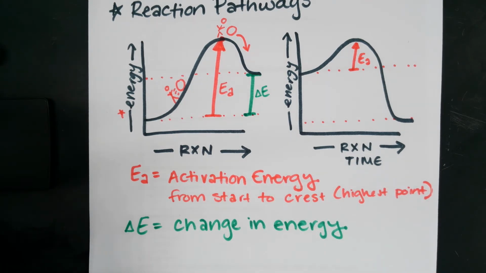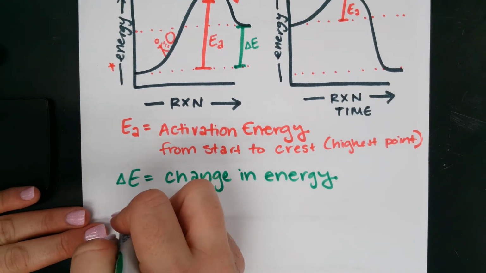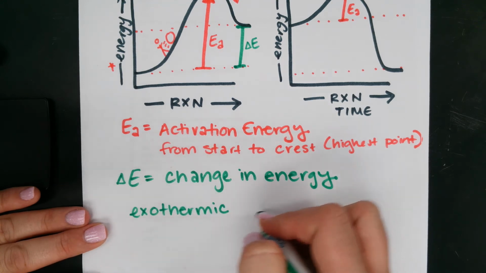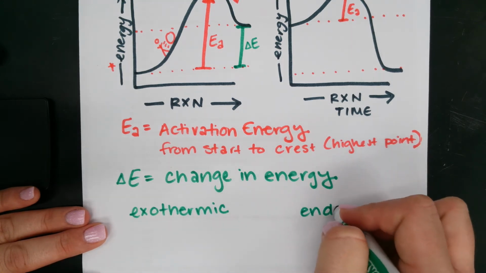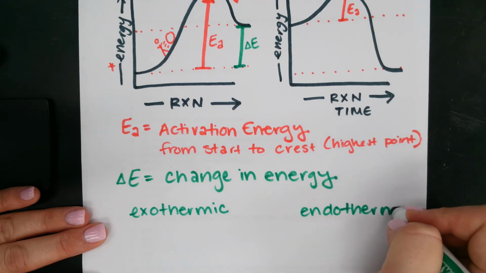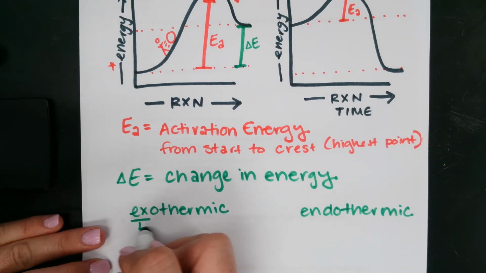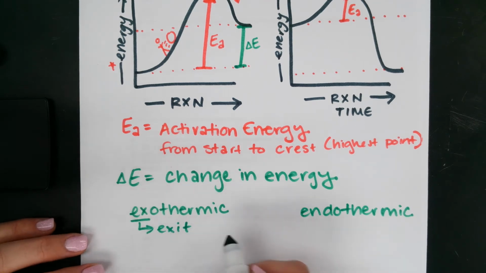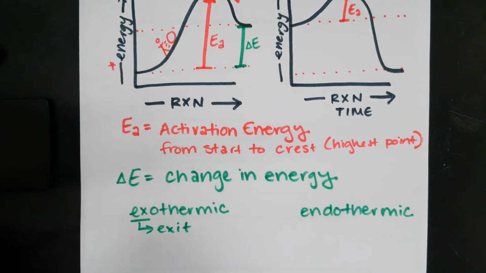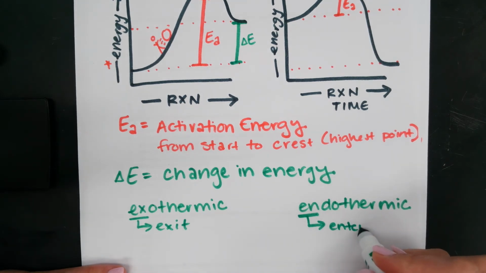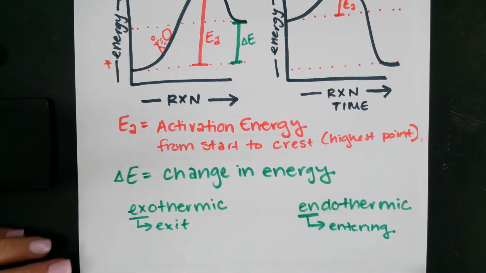This is really important because we're going to have two words, and hopefully you've heard them before. We're going to have either an exothermic reaction or an endothermic one. A good way to differentiate between these two: exo is like exit, so the energy is exiting whatever it's in, which means it's releasing energy, while endo is like entering, so the energy is coming into it.